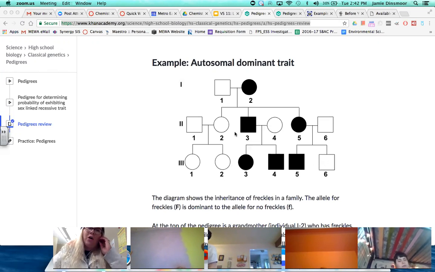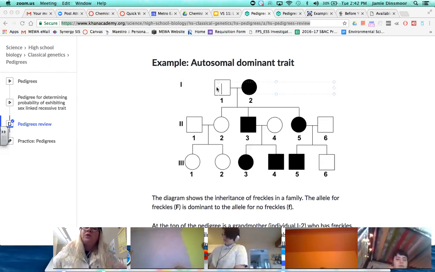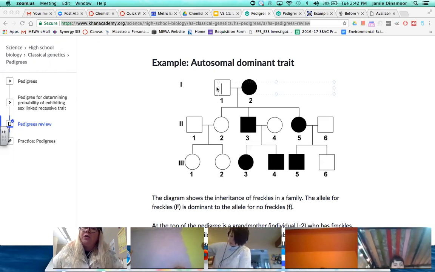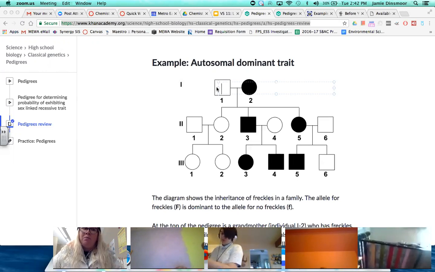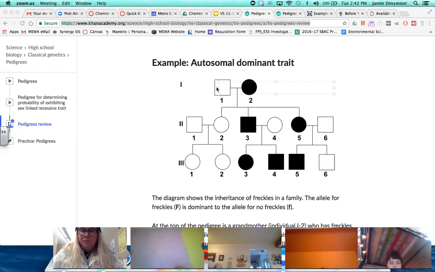So the next thing that we would want to do on a pedigree is label what the genotypes are for our people, because our phenotypes are already given to us, right? Black here means they have freckles, white means they don't. So all of our white or recessive-allele people, what would their genotype be? Remember, genotype is the letters. Little f, little f.